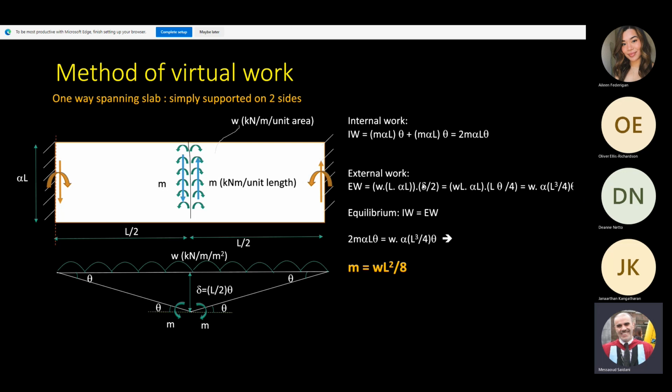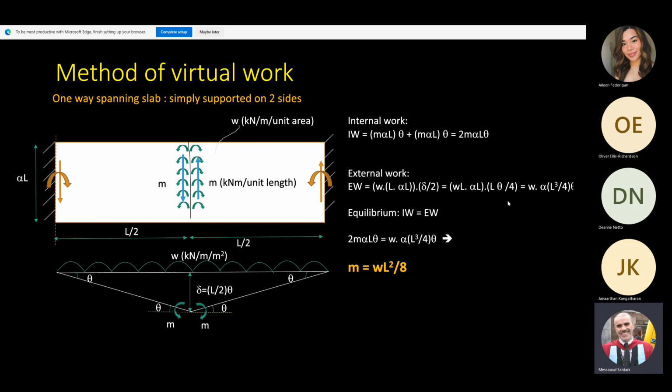And this is exactly what we did here. It's that displacement here halved. And that's the extent of work. So it's the UDL times the average displacement, except that you multiply by the area of the slab because of the units again.